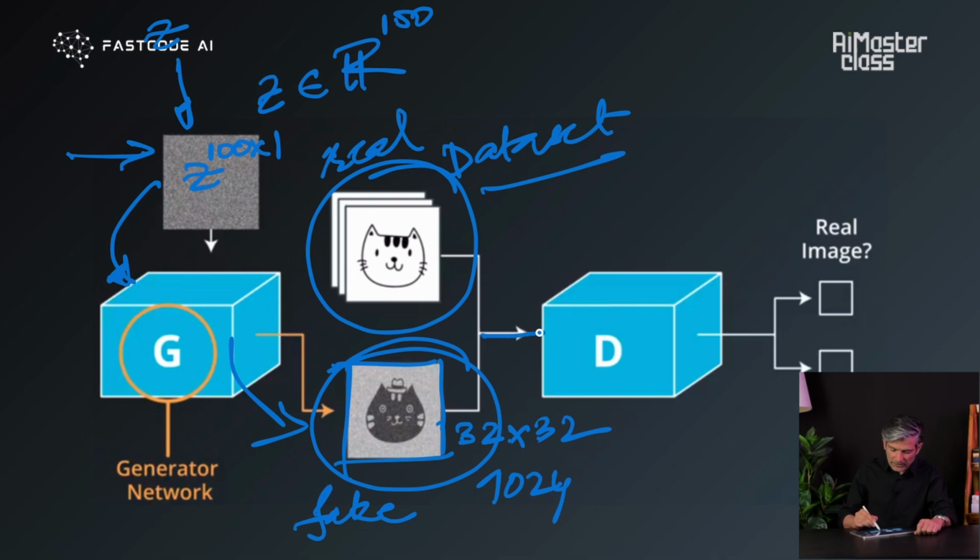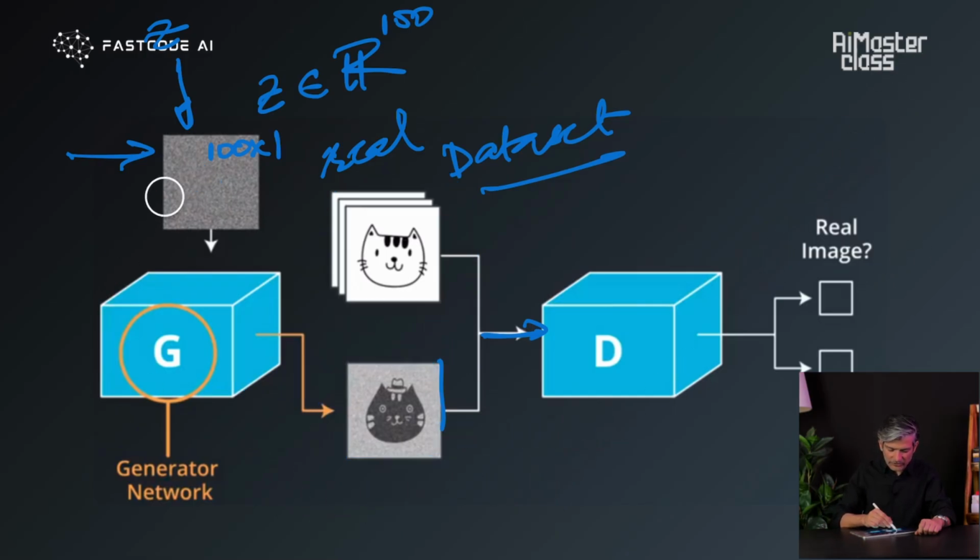And the discriminator, what does it do? It basically says, okay, if it's an image from the data set, it says real image. If it doesn't look like an image from the data set, it says no. So it's a binary classifier, and it can be trained using our regular cross entropy, right? So training the discriminator is very straightforward.